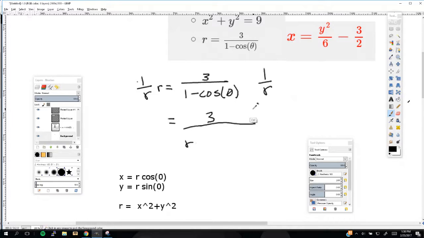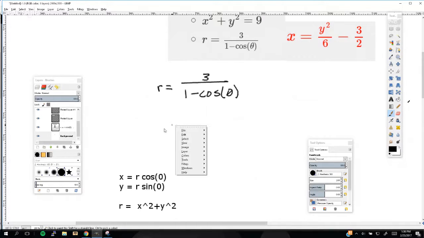Okay. Because somehow you have to bring in y. Cosine becomes y. Well, cosine normally becomes x, right? Oh yeah, you're right, sorry. So we have to figure out a way that we can get cosine into y or r into y because the answer doesn't have any x values.